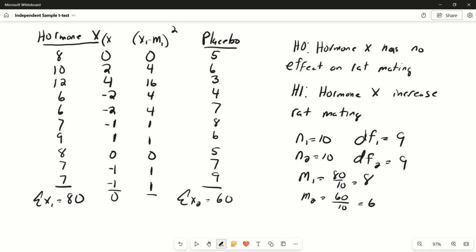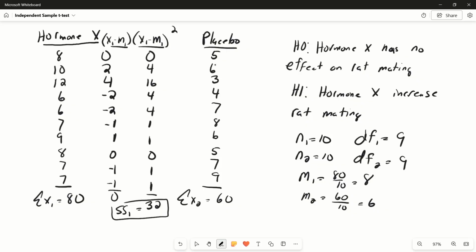This is just simply x1 minus m1. Add up this column of squared deviations and I get 20, 24, 28, 29, 30, 31, 32. So this 32 is my sum of squares for group 1. The sum of that squared deviation score column is your sum of squares for group 1.